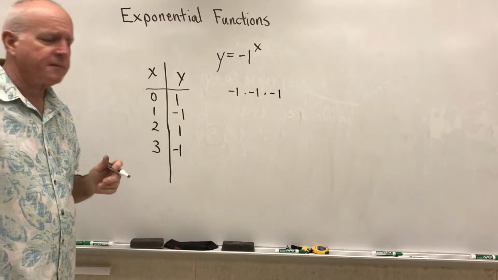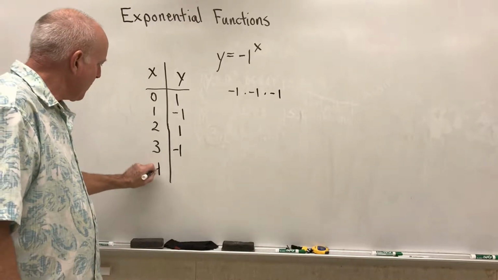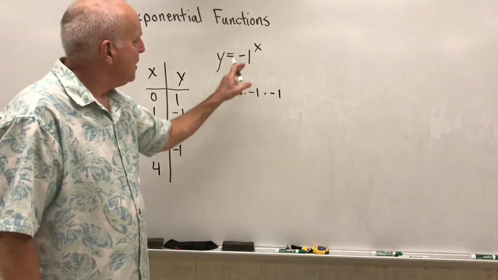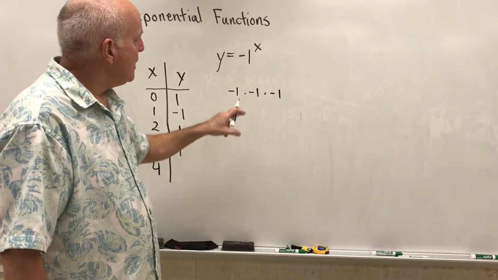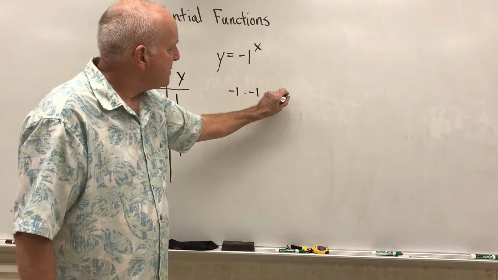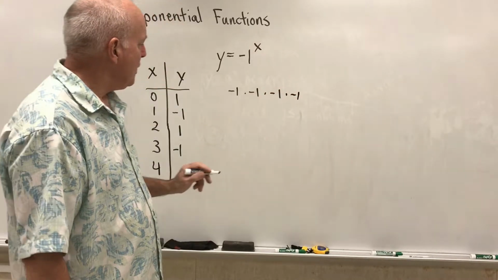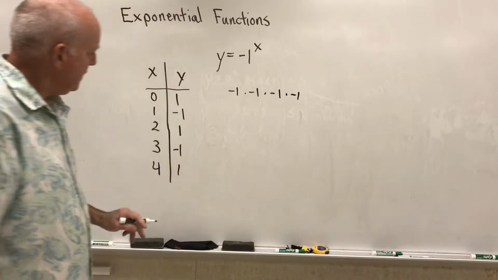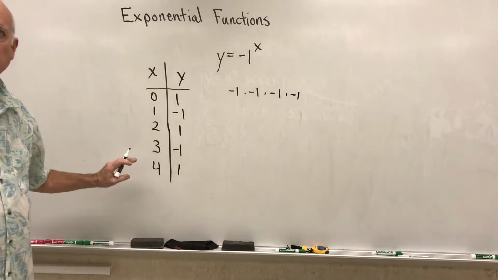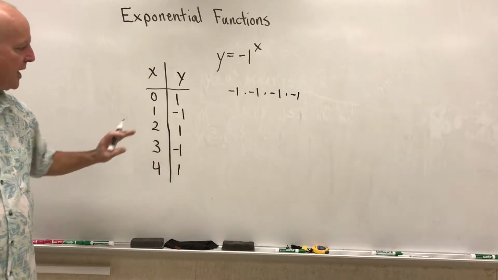Wow, this is different. What about when x is 4? We're going to have negative 1 times negative 1 times negative 1 times negative 1, or 1. This thing is bouncing around, going from positive to negative.